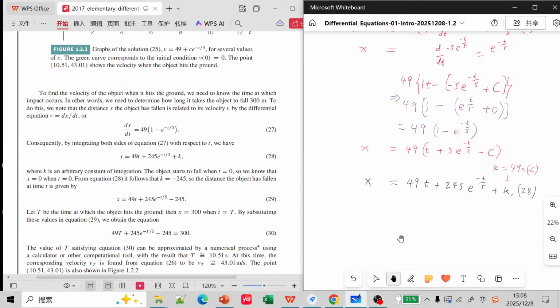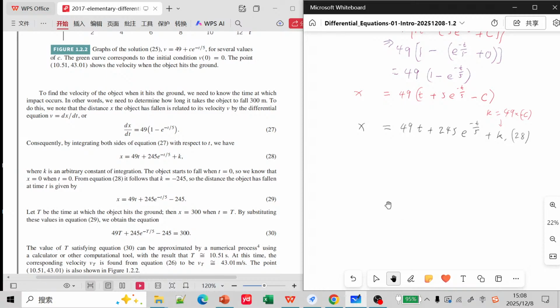So what's happening here? Because we use a condition, it's the initial condition. Here, when t is equal to 0, x will be equal to 0.